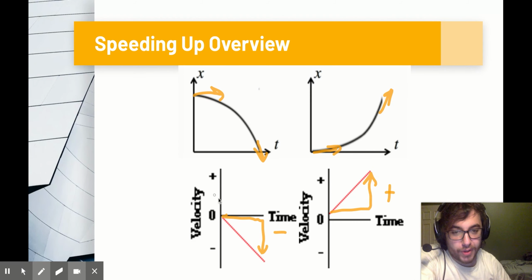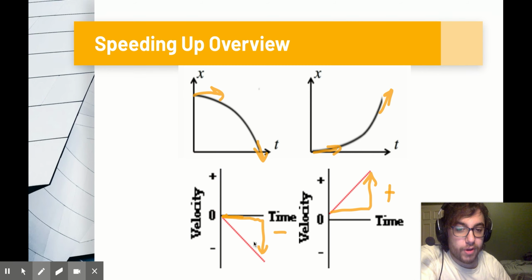So the last recording kind of cut off, but basically I just wanted to reiterate the importance of understanding that this acceleration is negative because it has a negative slope, because the rise is going down, whereas this one is positive because the rise is going up.